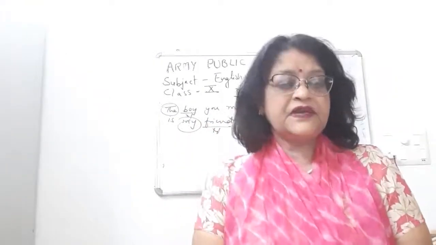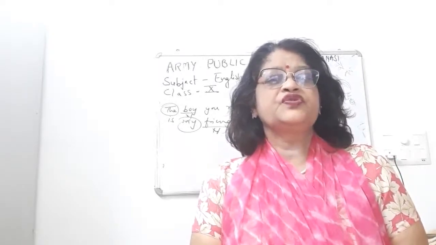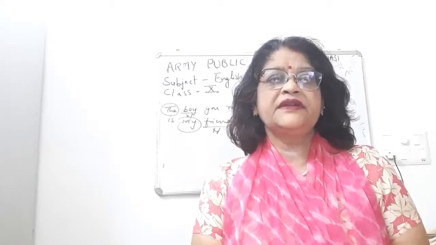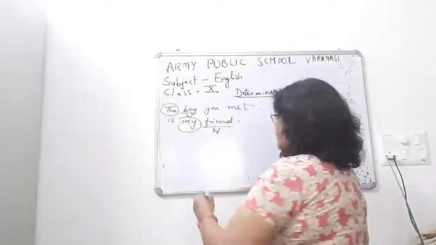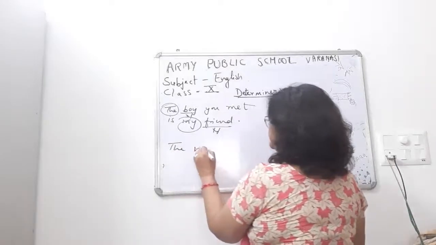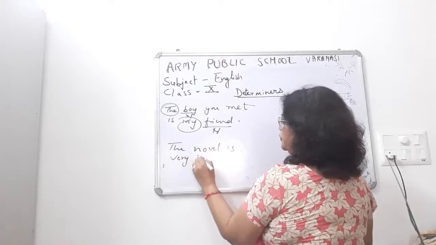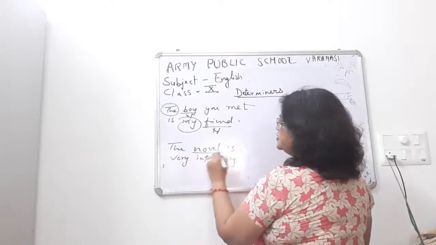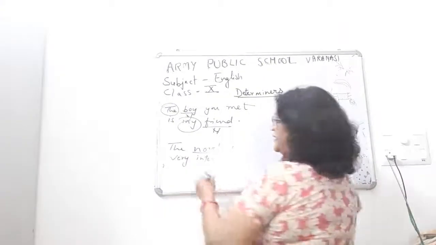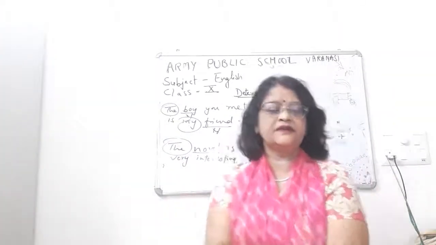The novel is very interesting. So what will be the determiner here? Children, here novel is a noun and the is coming before it, so the is a determiner here.